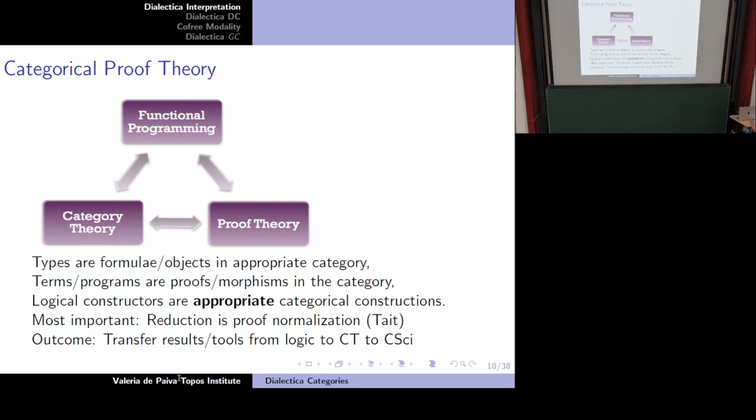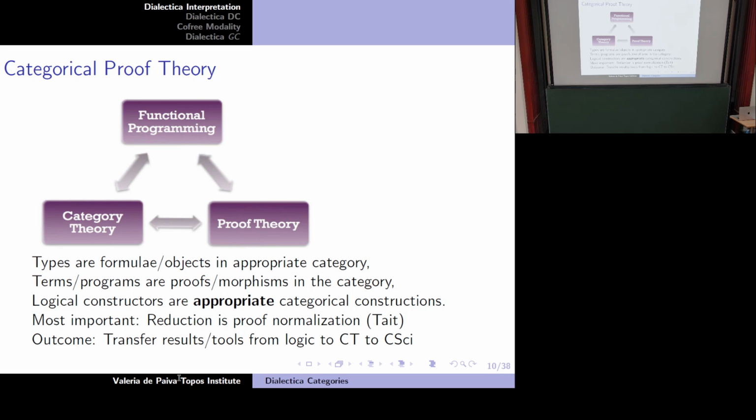And the operative word here is appropriate, because we can do it very easily for simply typed lambda calculus, but then we want to extend it to different logical systems. One thing that people sometimes don't say, but particularly this year it's important to say, is that one of the things that makes this triangle work so well is that reduction of the lambda terms is proof normalization, which is due to Tait, who sadly left us early this year.